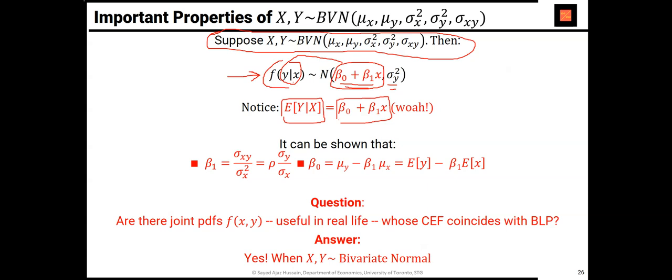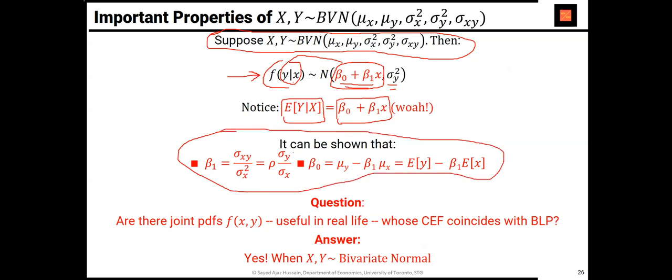But perhaps maybe you were celebrating too soon. You haven't shown yet that the beta zero and the beta one are the same beta zero and beta one as OLS. But that comes next. In fact, you can show that you get the exact same beta zero and the exact same beta one as the BLP slash OLS.